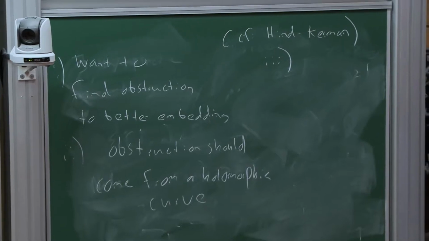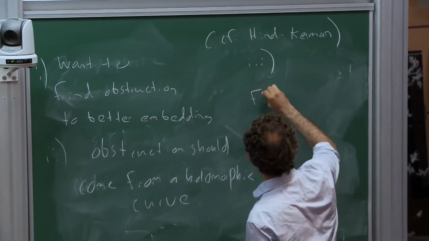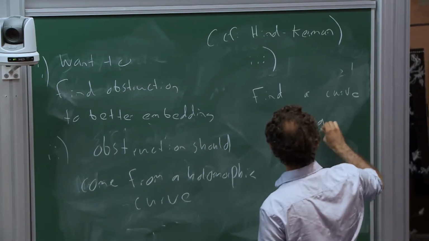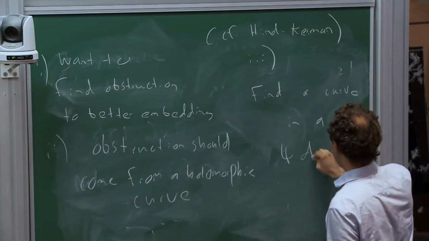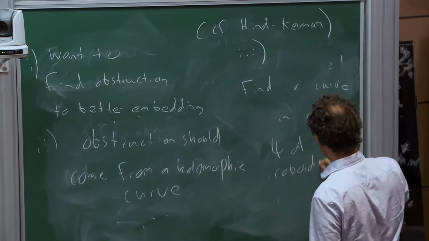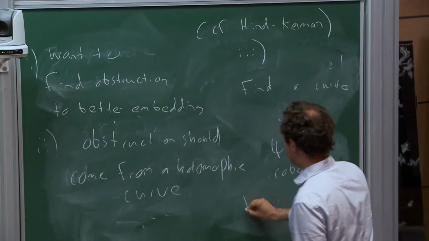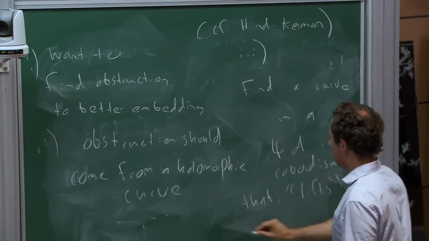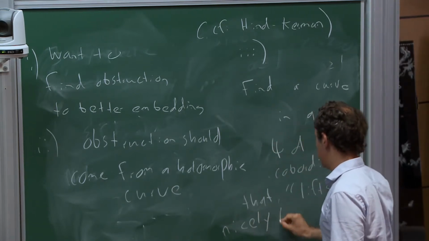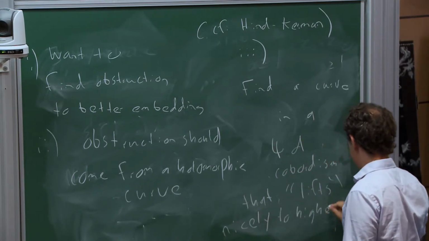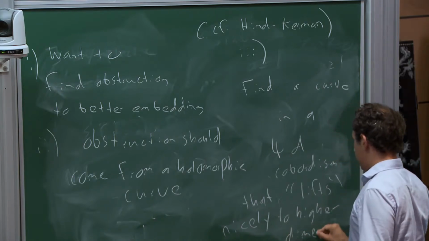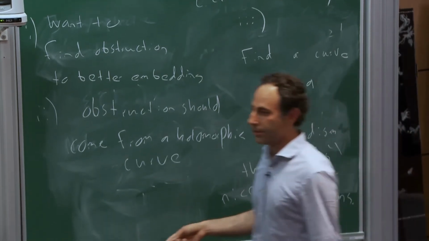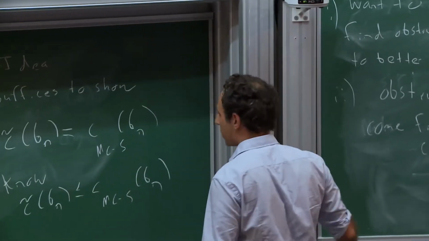The Hein-Kerman idea is to find a curve in a 4-dimensional cobordism that lifts nicely to higher dimensions. That's a little vague; I'll fill in some of the details later in the talk. But this is where ECH comes in.